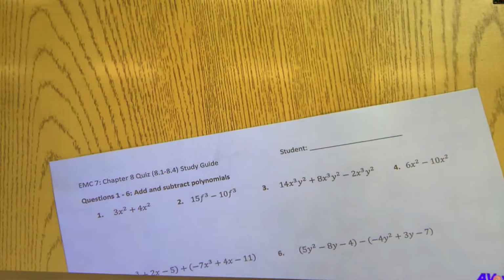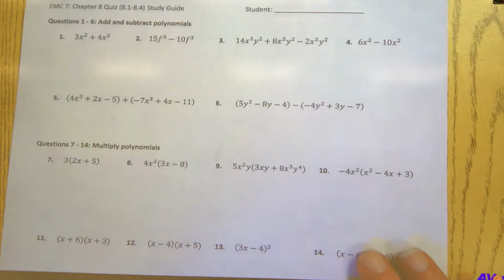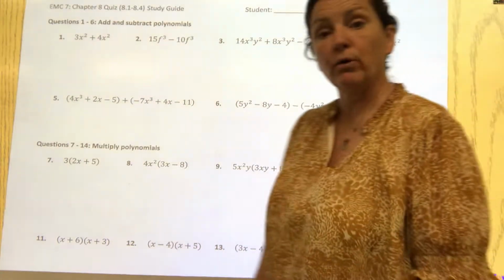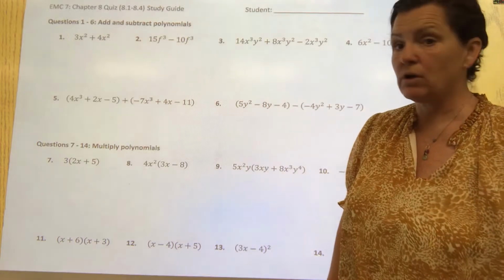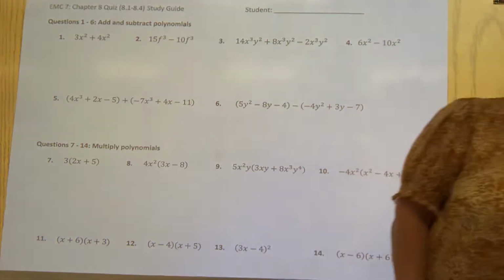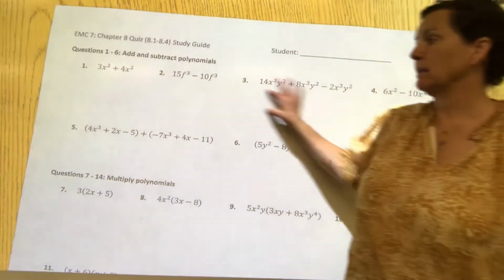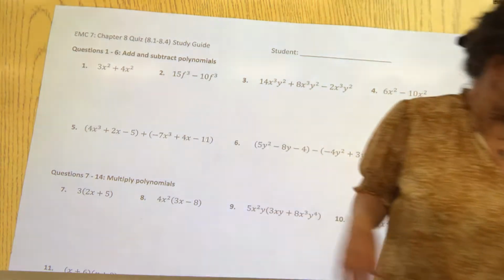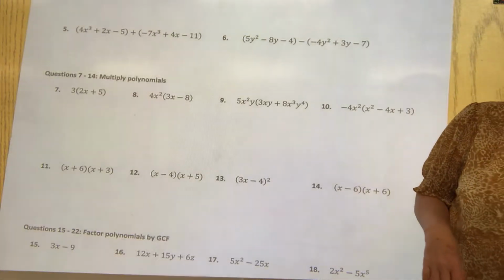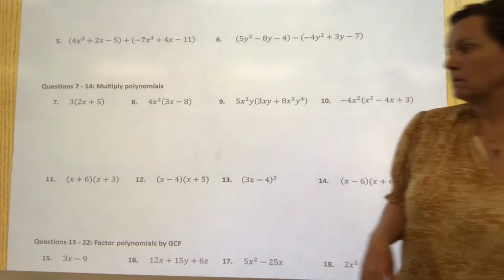So cool beans. Let's look at the front. Let's take a little tour. So your study guide and your exam, or test, quiz, whatever you want to call it, are broken up into three parts. Part 1, combining like terms. Part 2, multiplying.